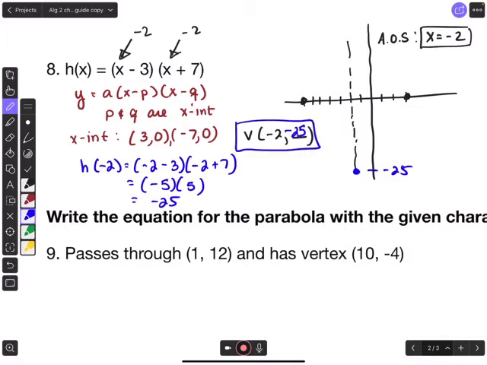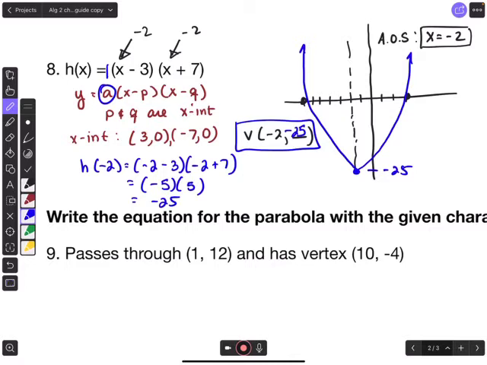-2, -25. Which way does it open? We look for the a value. The a value is +1, which means it opens upward. It's going to go right through those 2 points. And we've got a decent graph of that parabola.